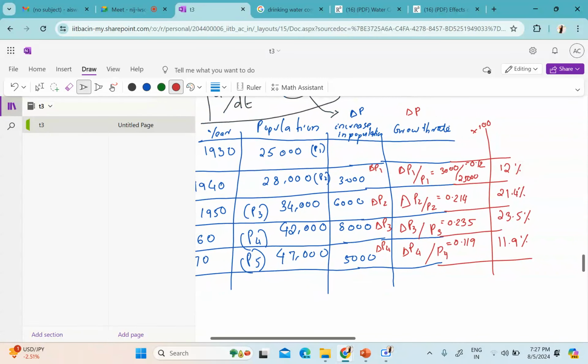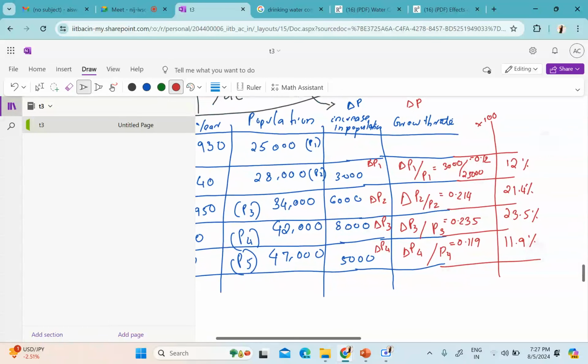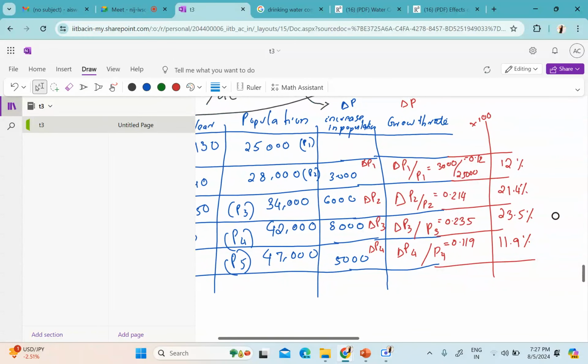So in the previous one, we took the arithmetic mean of the increment, and here we are going to take the geometric mean of this growth rate. We have calculated this growth rate. Then what you have to do is take the geometric mean.